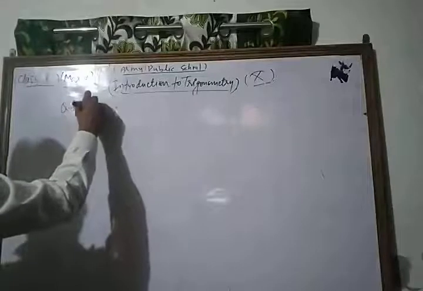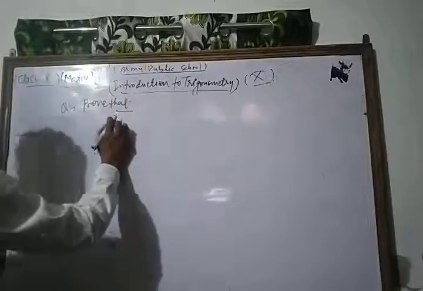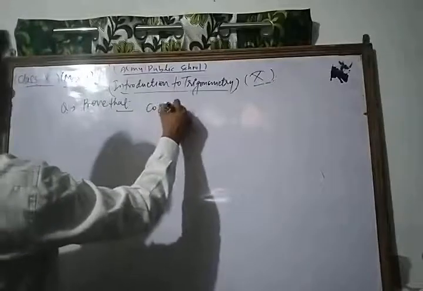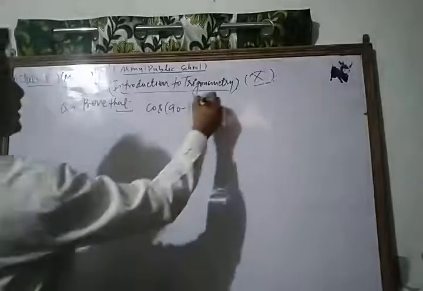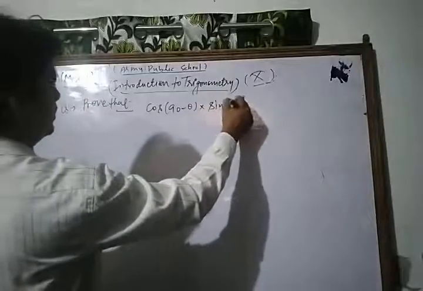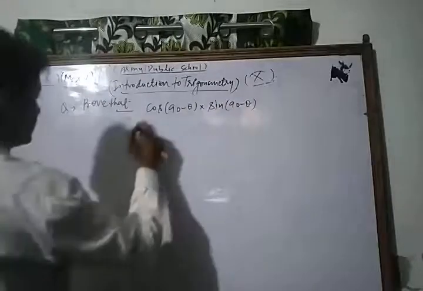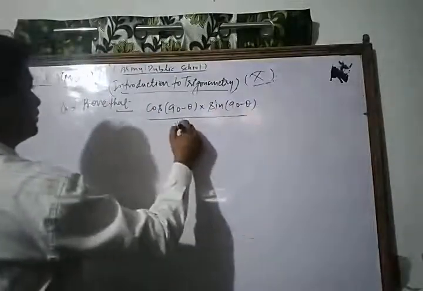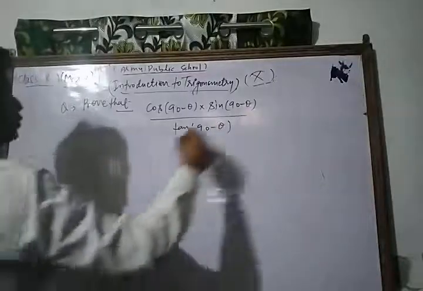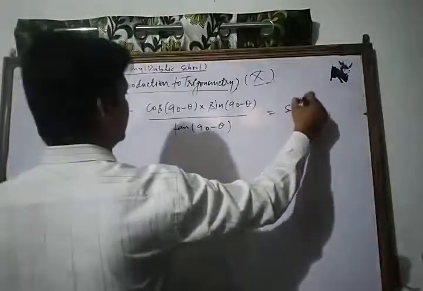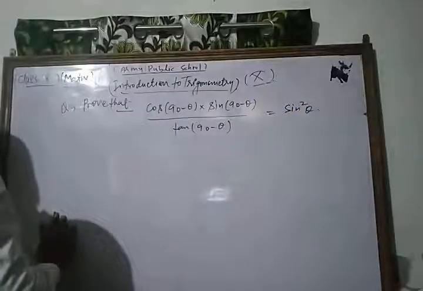Prove that cos of 90 minus theta into sin of 90 minus theta upon tan of 90 minus theta is equal to sin square theta.